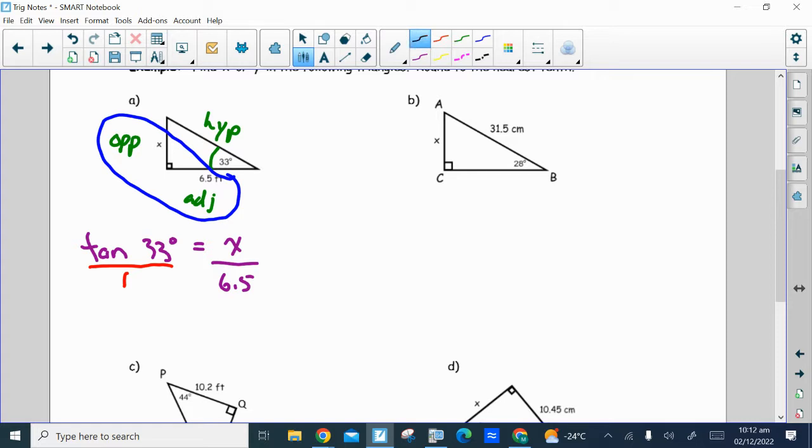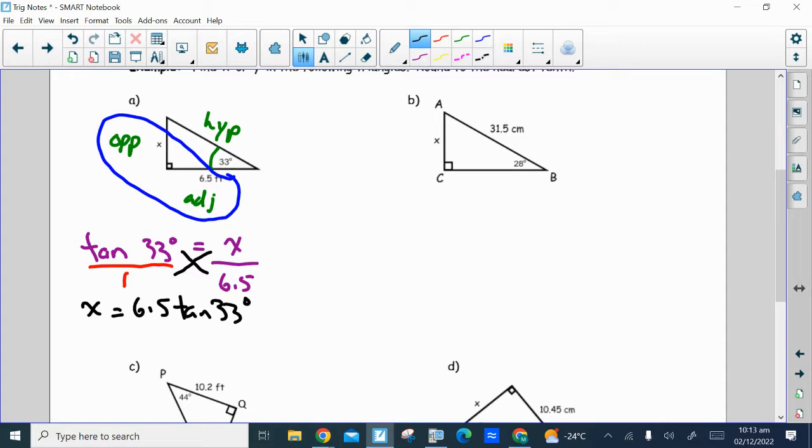And the reason I'm doing this is now because we have two fractions equal to each other, we can cross multiply. Their cross products are equal. I'm going to start with the pair that has the x. 1 times x equals 6.5 times tan of 33 degrees. So when you cross multiply, that's what we're left with.